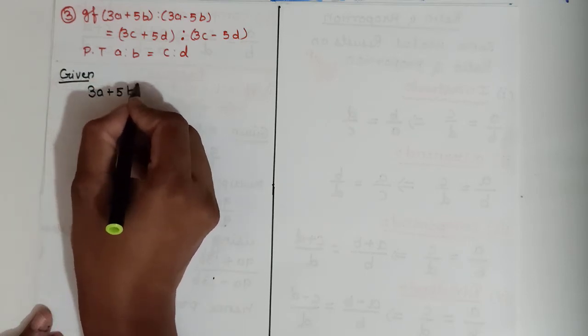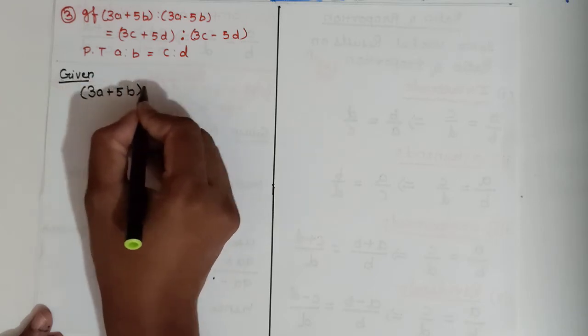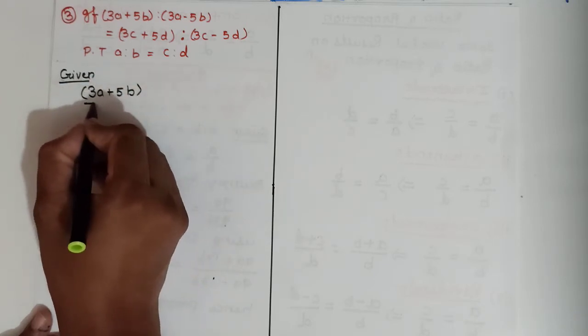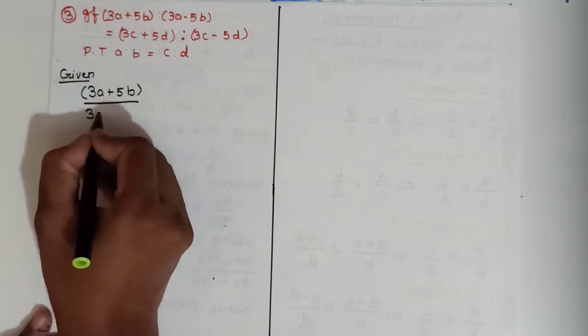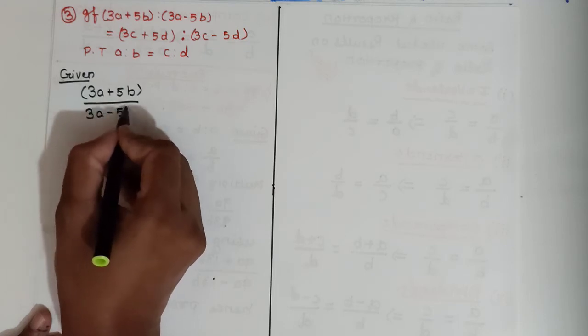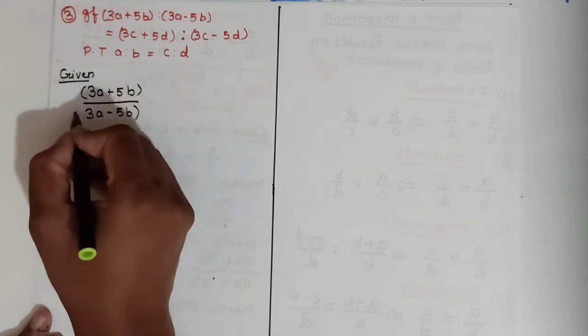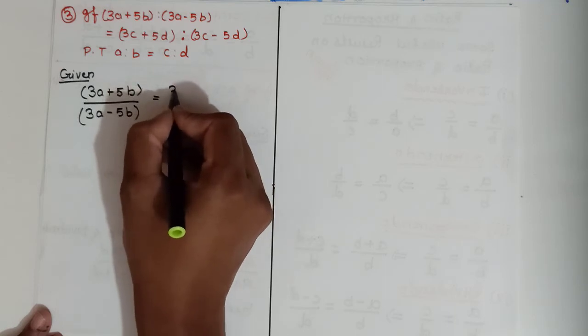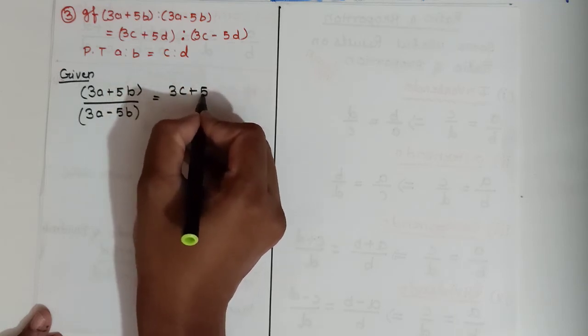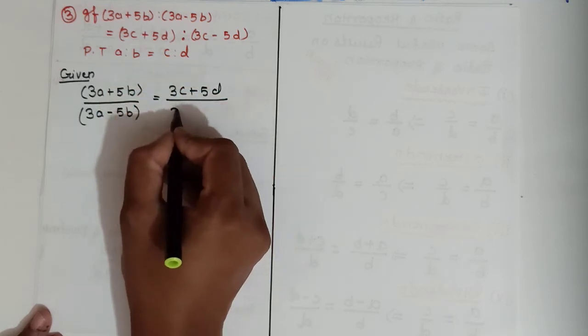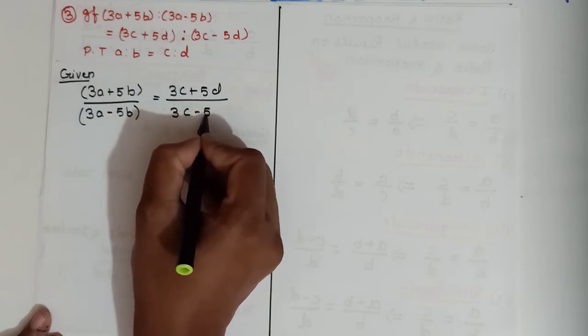So 3a plus 5b upon 3a minus 5b equals 3c plus 5d divided by 3c minus 5d.